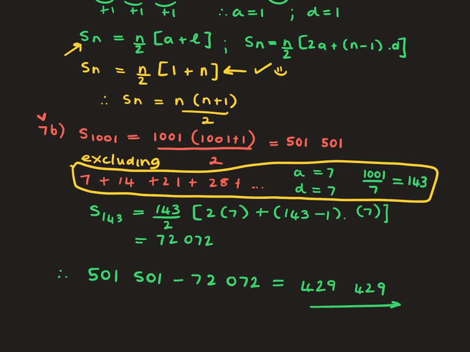Okay, so definitely a more difficult question, but a really beautiful question. I hope that makes sense. So in the end, we subtracted those two, and we got to our answer of 429,429.